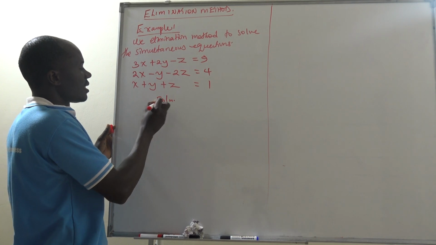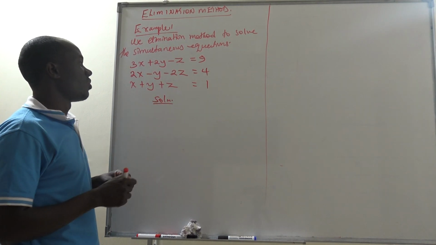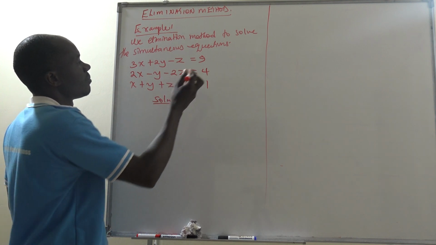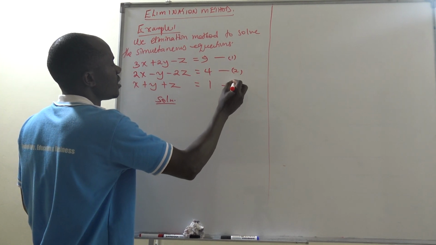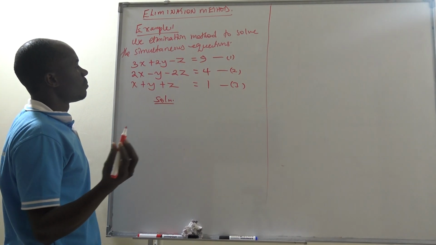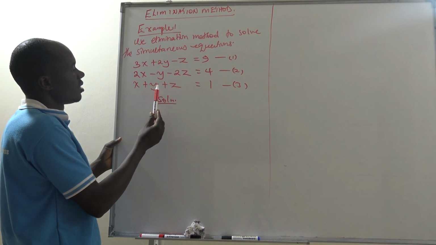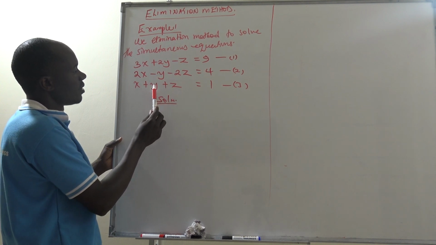Now what you do, look at the numbers which have got a common factor, which can easily be eliminated. This is my first equation, this is the second, this is the third. With equations 2 and 3, there is negative y and y.